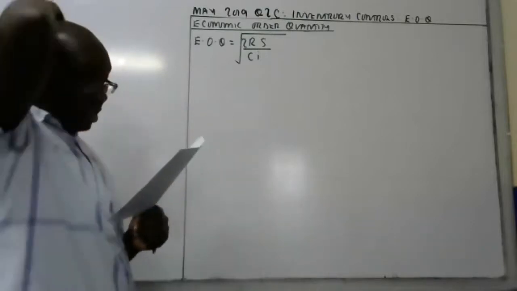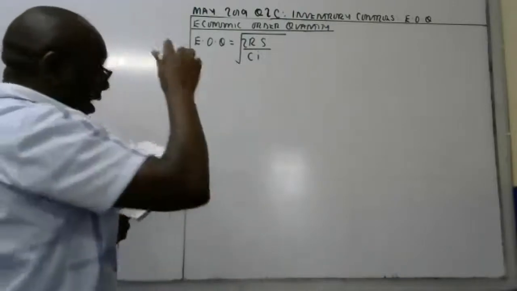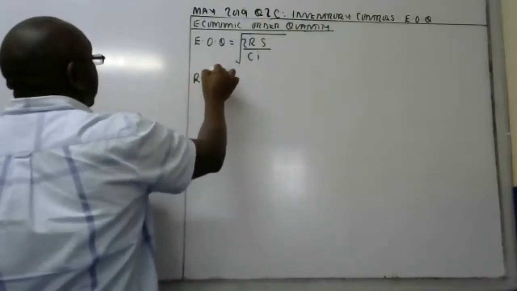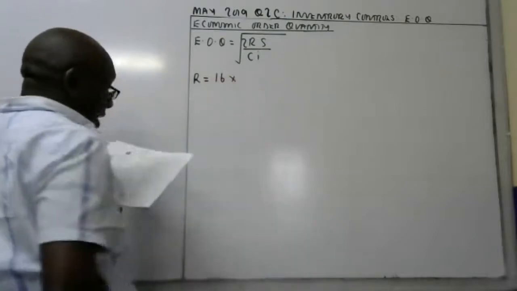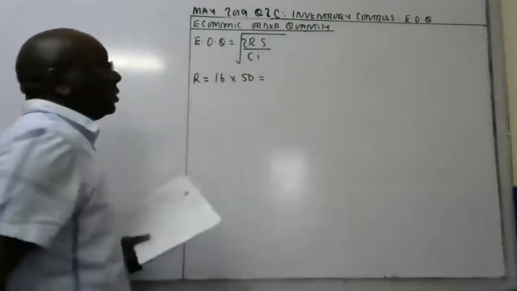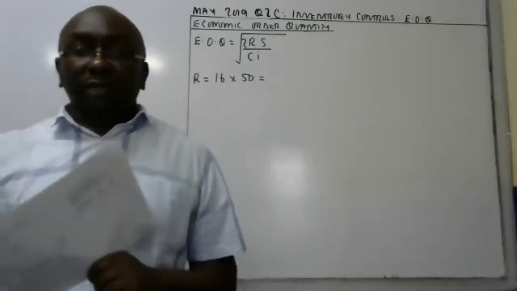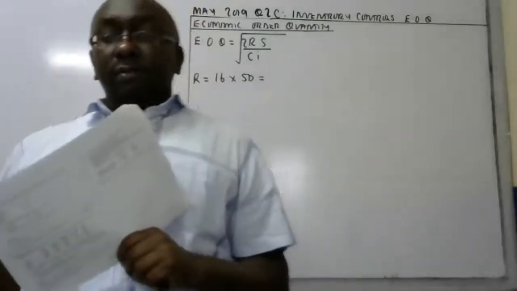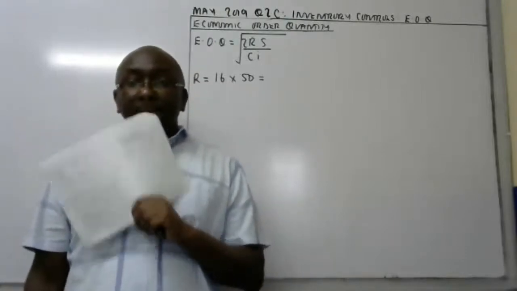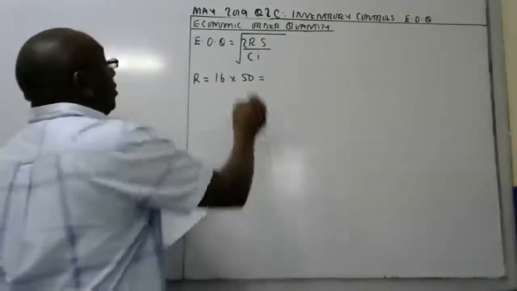So we are told Cornell has weekly demand, so our R will be per week is 16 units. And we are told we have 50 weeks. So how many units are those? 16 times 50. Those are 800 units.